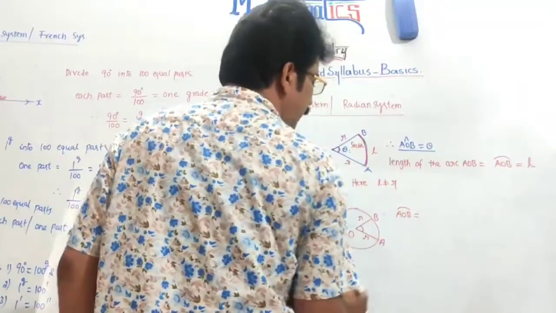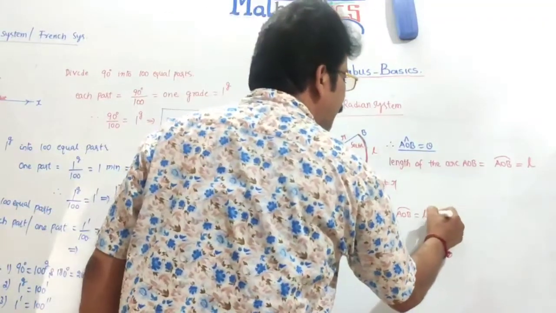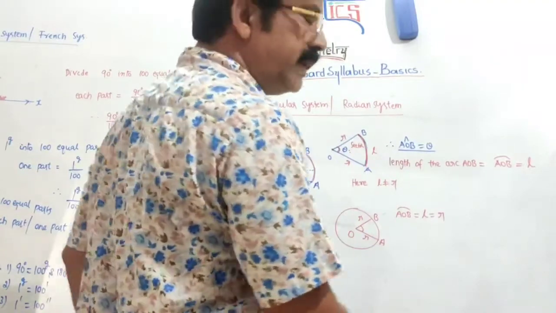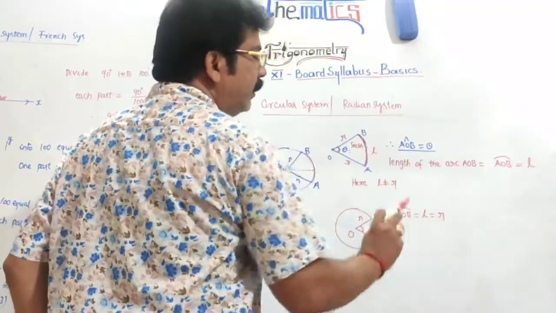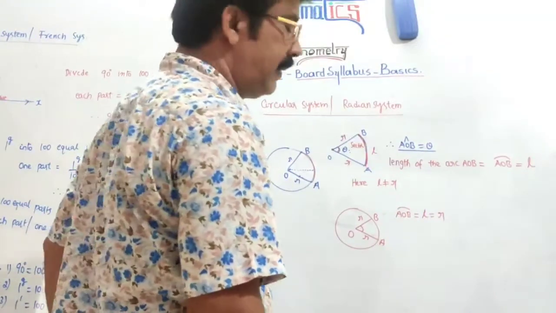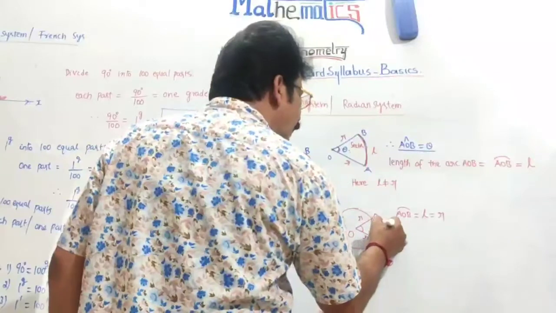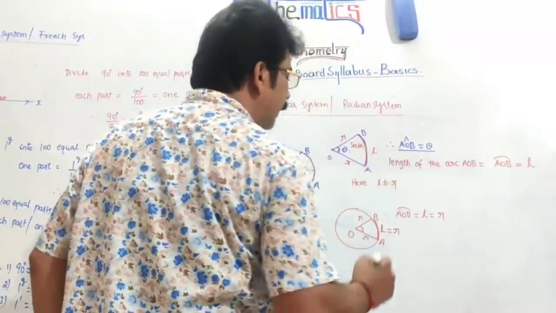It is denoted by L. For example, let us take L equal to R. Means our assumption is that the length of the arc is equal to the radius of the circle. So this length, L, is equal to R.